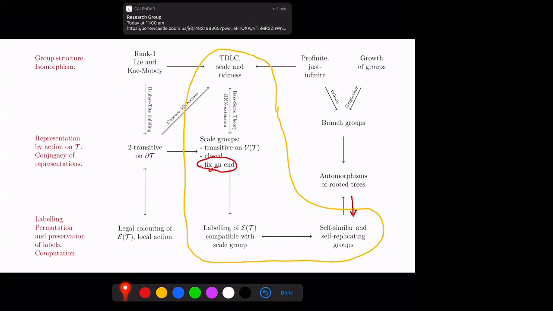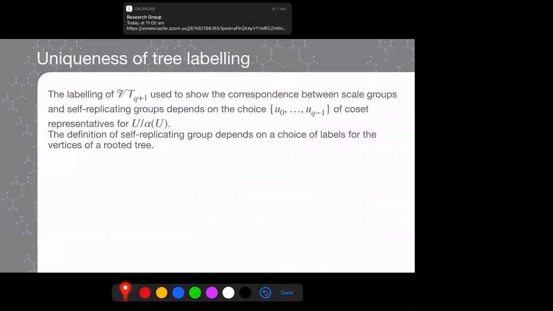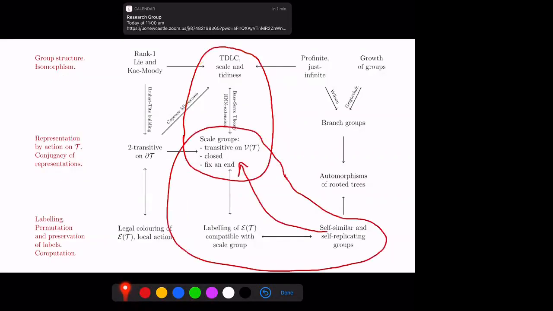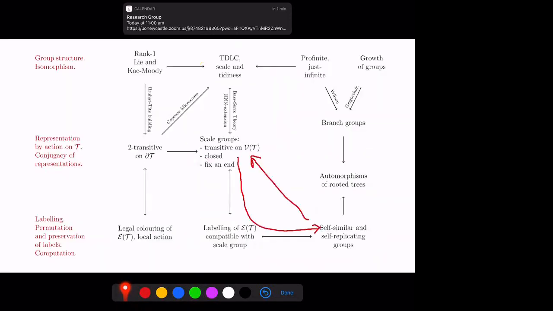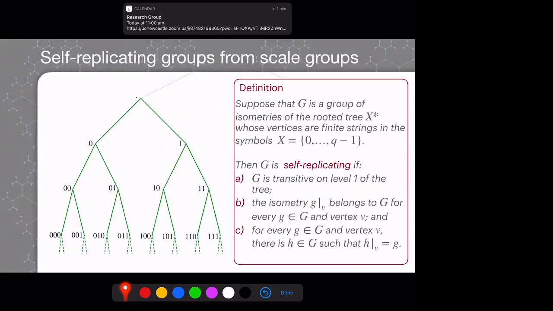Okay, thank you. Let me make the following remark. You gave a definition of self-replicating group. In our theory, Volodya Nekrashevich and me and other people, we distinguish classes of self-similar groups, classes of level transitive groups, and then self-replicating groups.